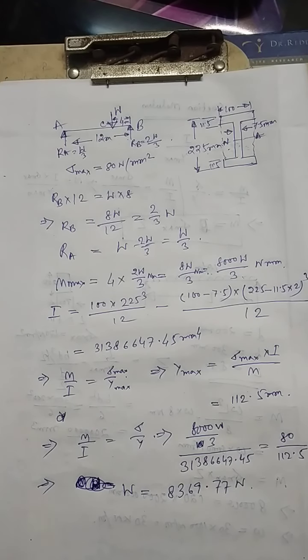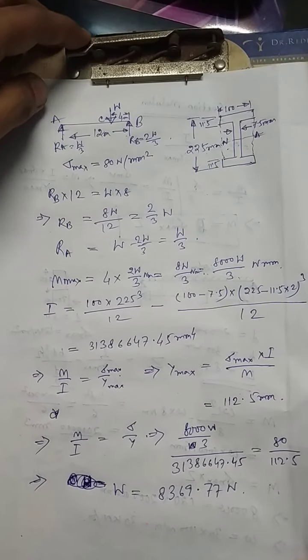These are the main formulas. M by I equal to sigma by Y equal to E by R, and M is equal to sigma into Z, and Z is equal to I by Y max.